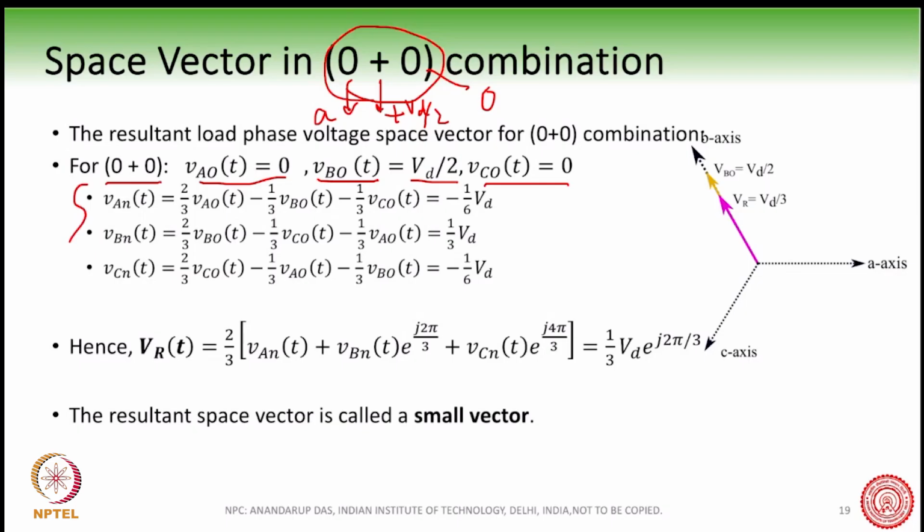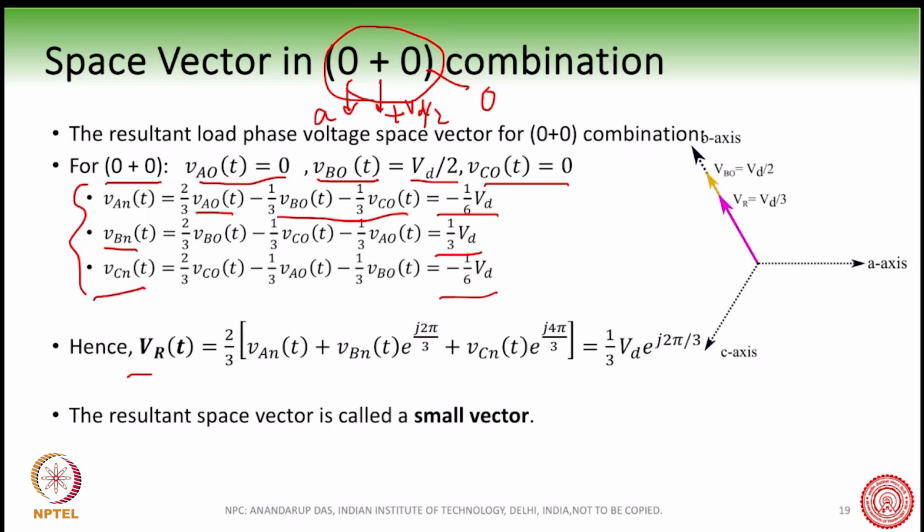So how will the instantaneous load phase voltages look like? We have seen this formula before, I'm just writing it down. VAN equals 2/3 VAO minus 1/3 VBO minus 1/3 VCO, which will be minus 1 by 6 Vd. Similarly, VBN equals 1/3 Vd and VCN equals minus 1 by 6 Vd.